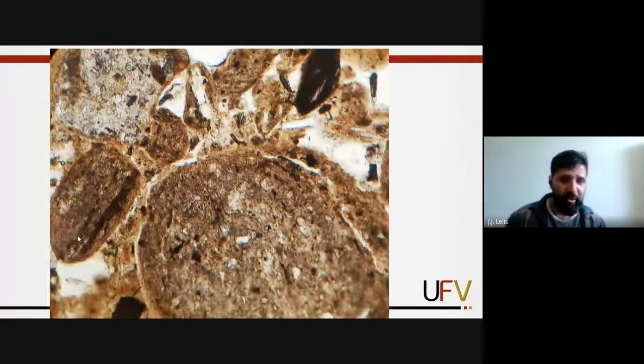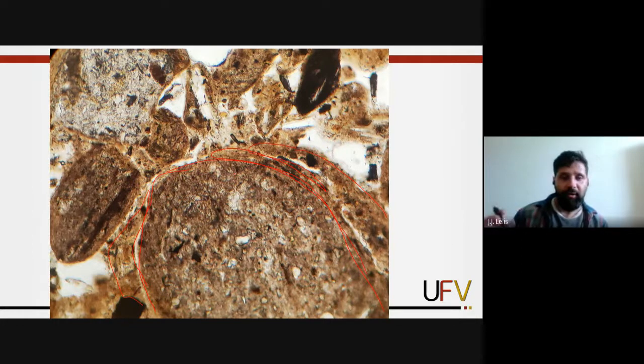This picture is very easy too, because I can see some peds here. Okay, and we can see some material overlying this ped, like layers above the aggregate.